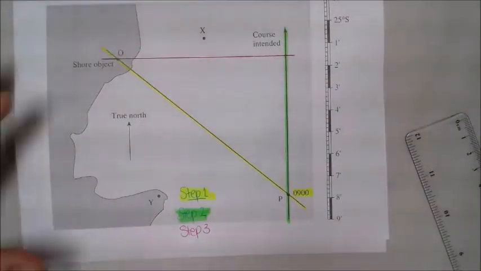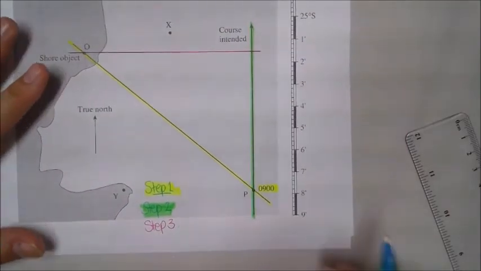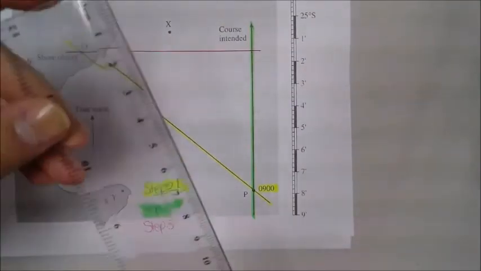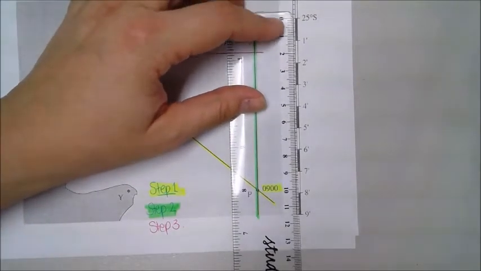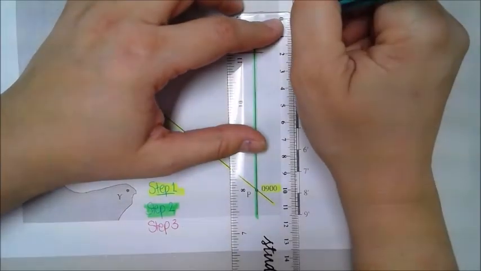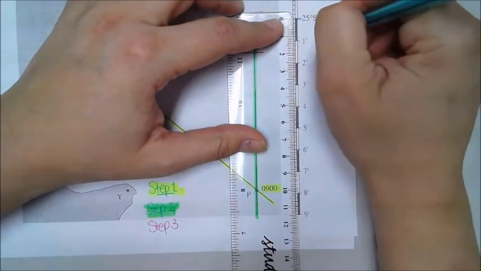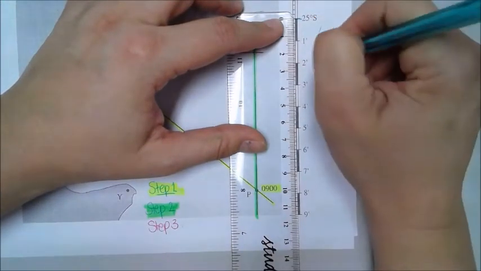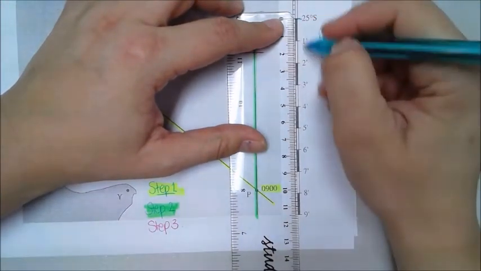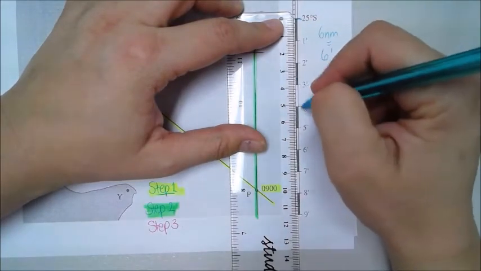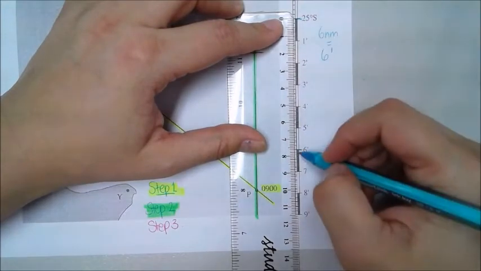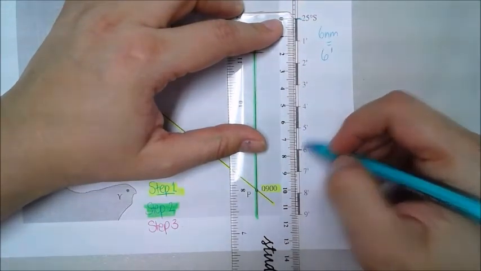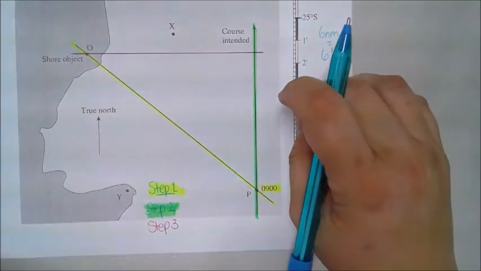So let's come back. I'm going to use my scale. This time I'm working backwards from the scale, a little bit different to when we do our cross bearing. So this time I said I've gone 6 nautical miles, which remember is the same as 6 minutes. 1, 2, 3, 4, 5, 6 minutes, which is on my ruler about 7.7 centimetres.